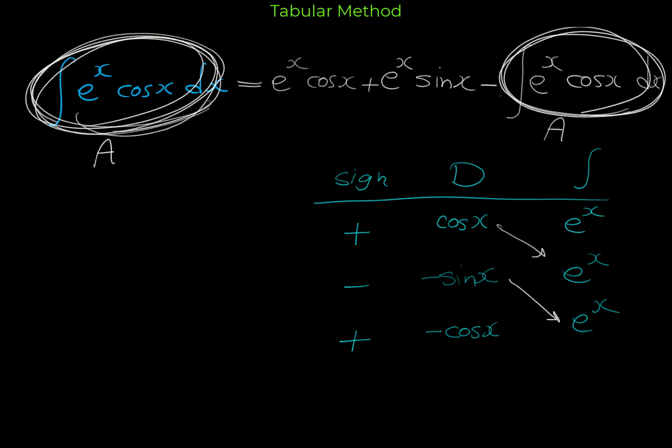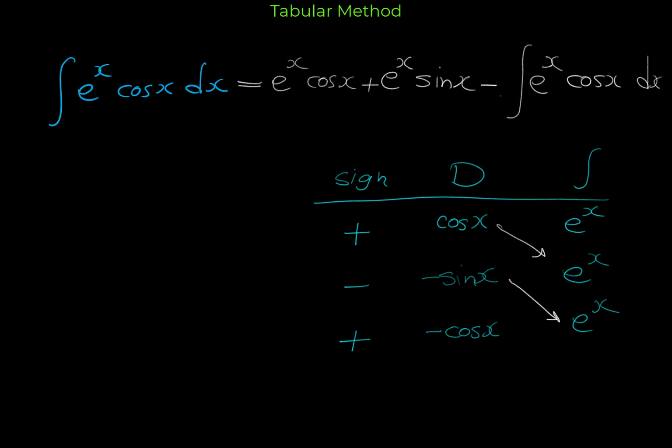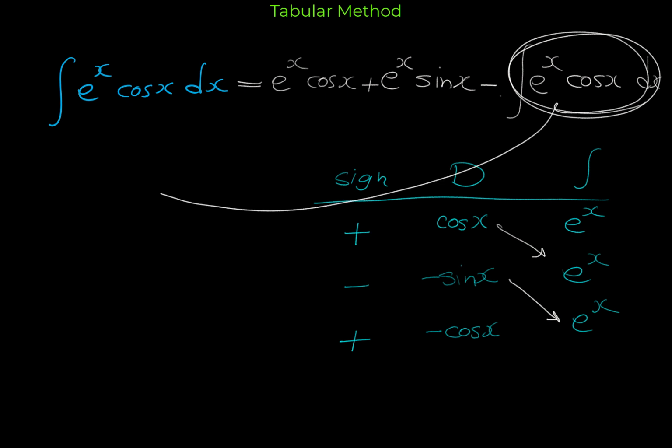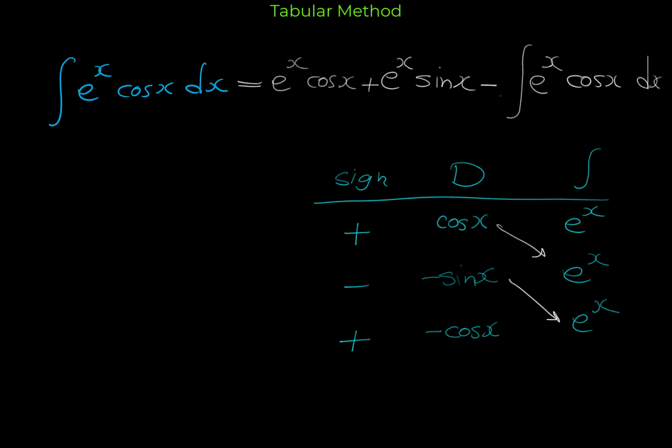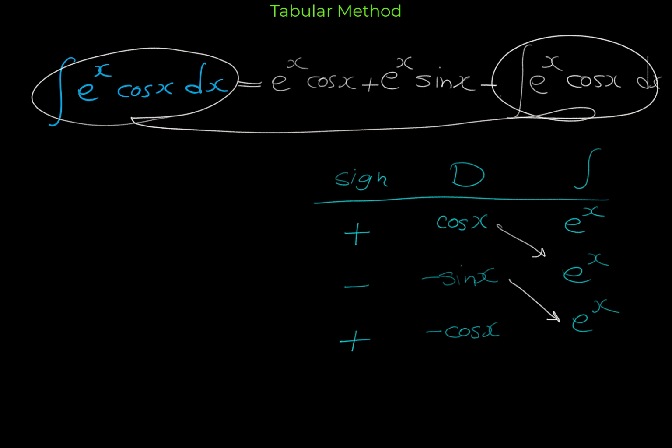To find this integral, you can move this integral to the left, and attention, this integral is the same as the original integral. So if we move that to the left, this minus becomes plus, of the same integral. So basically, integral of e to the x cosine x dx plus integral of e to the x cosine x dx.